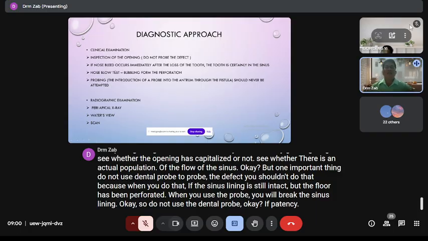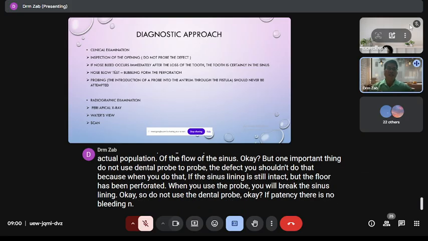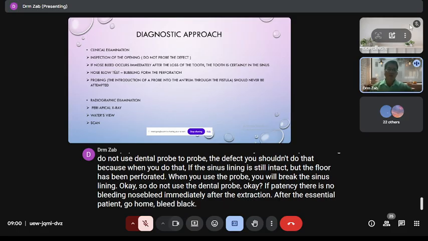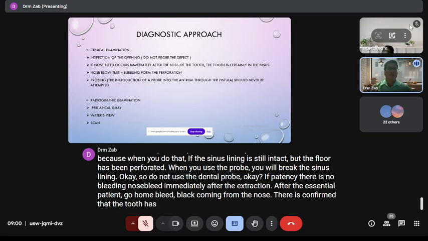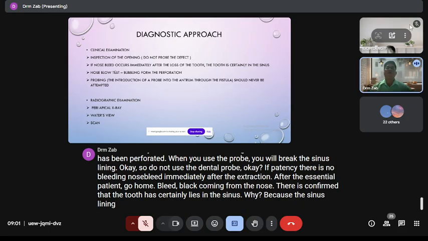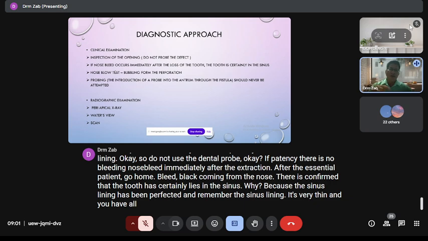If the patient says there is a nosebleed immediately after the extraction, that is, the patient goes home and blood comes from the nose, that confirms that the tooth has certainly lain in the sinus. Why? Because the sinus lining has been perforated. Remember, the sinus lining is very thin, and you have the pseudo-stratified columnar epithelial layer with blood vessels there.